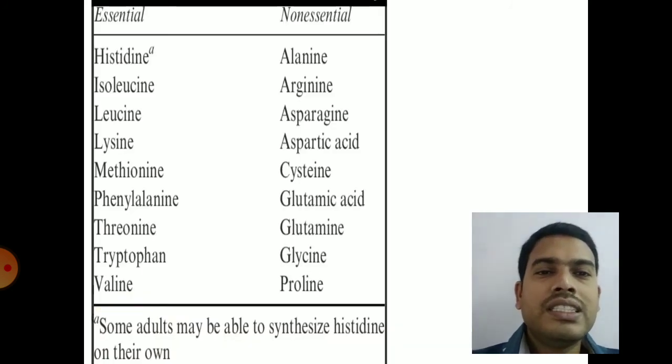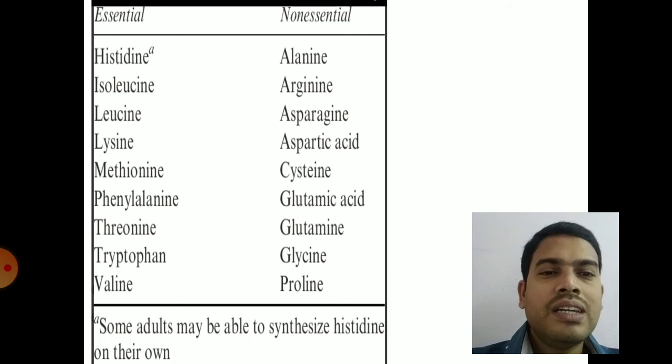So these are the essential and non-essential amino acids. The essential amino acids have to be supplied through the diet continuously. Histidine, up to a certain age, has to be supplied. After that, it is synthesized in the body. So histidine, isoleucine, leucine, lysine, methionine, phenylalanine, threonine, tryptophan, valine are called essential amino acids, which have to be supplied in the diet.